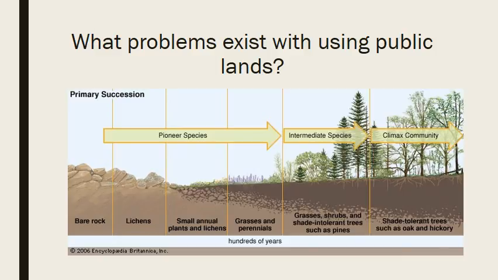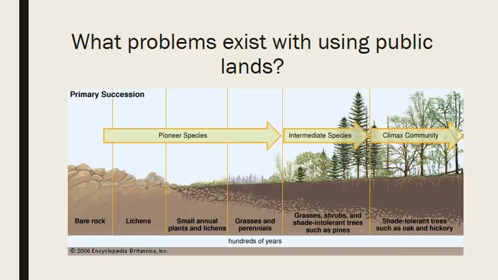Primary succession is when you have a pioneer species such as lichen begin to process bare rock and turn it into soil. So this particular diagram here shows you what happens in primary succession.